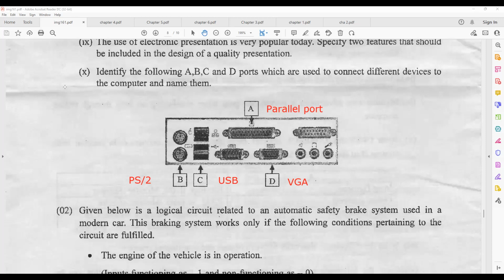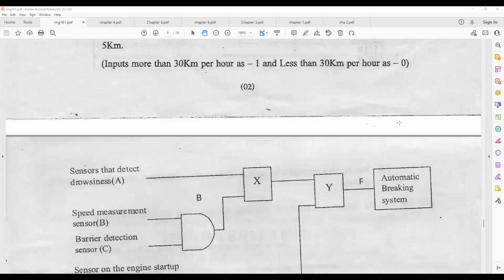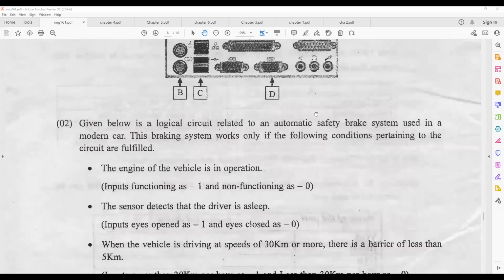Right. Let's move to the next one. Question number 2. Okay, maybe I can share the paper now. I'm sharing the paper through WhatsApp now.